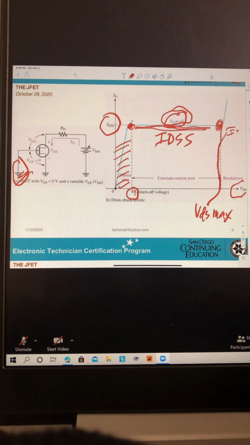And after that, you get the breakdown. We don't deal with that. That will cook the JFET. So basically, the JFET can be used as a current source, constant current, and that will be IDSS. Or it can be used as a resistor. Exactly like the bipolar, it can work in saturation, or it can work as an amplifier.